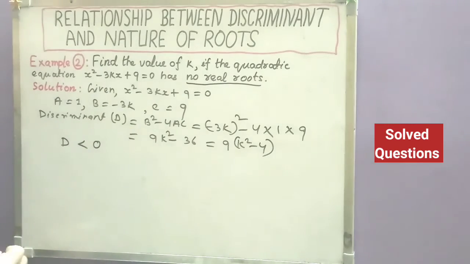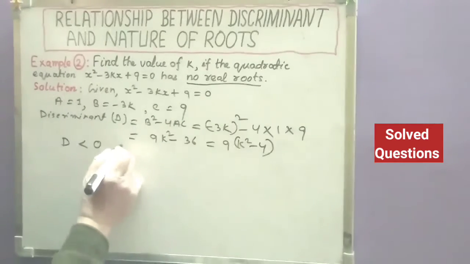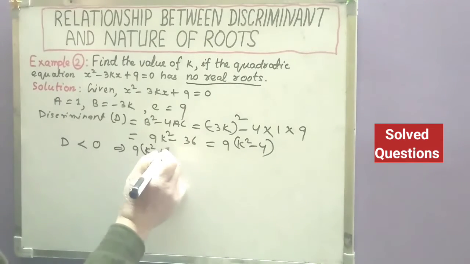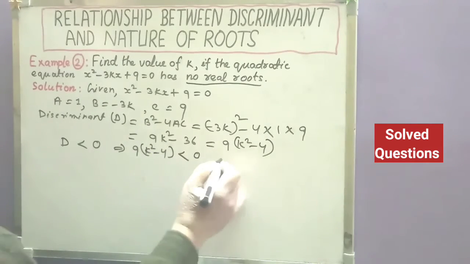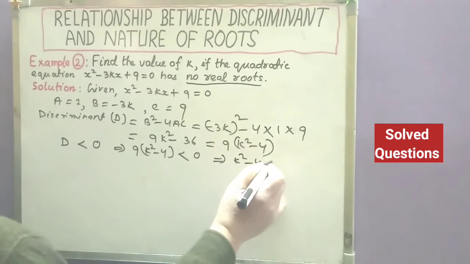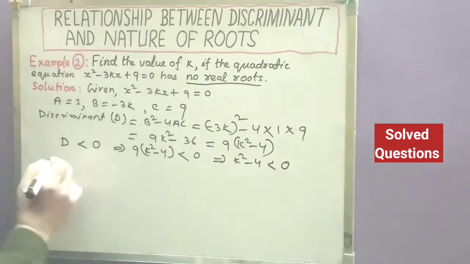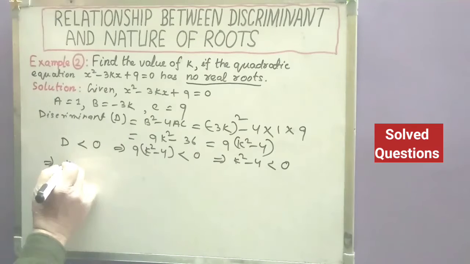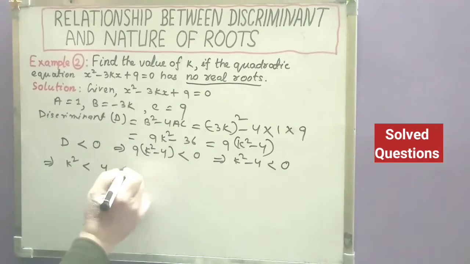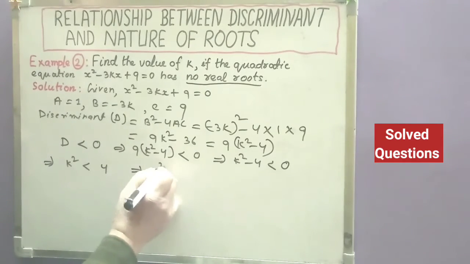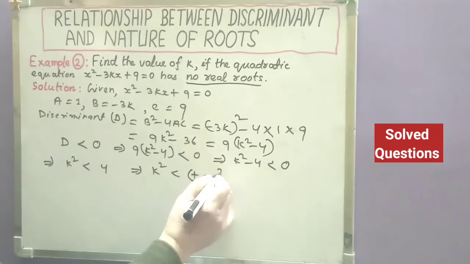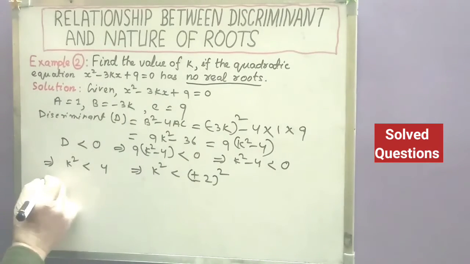Since the equation has no real roots, we have D is less than 0. That implies that 9(k² − 4) is less than 0. That implies that k² − 4 is less than 0. That implies that k² is less than 4. That implies that k² is less than (±2)².